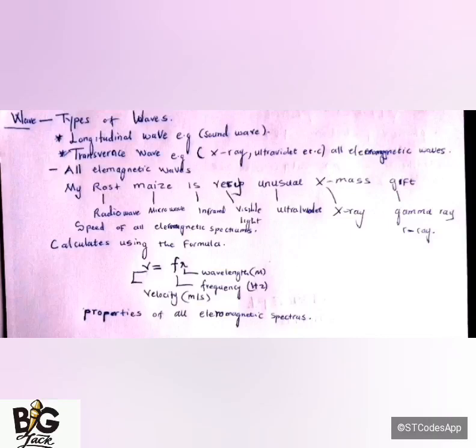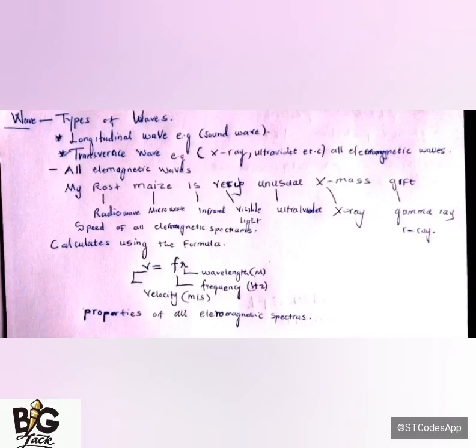You also need to know how to calculate the velocity of different electromagnetic waves using this formula: velocity is equal to frequency multiplied by wavelength, which is lambda. Wavelength should be measured in meters, frequency in hertz, and speed, or velocity, in meters per second. Okay.